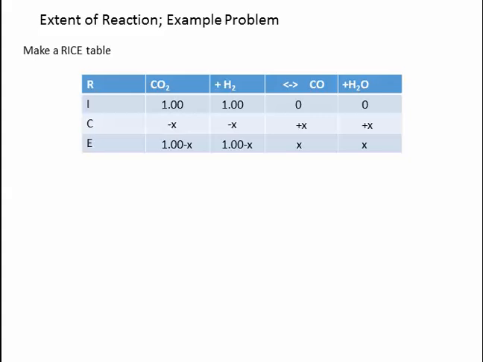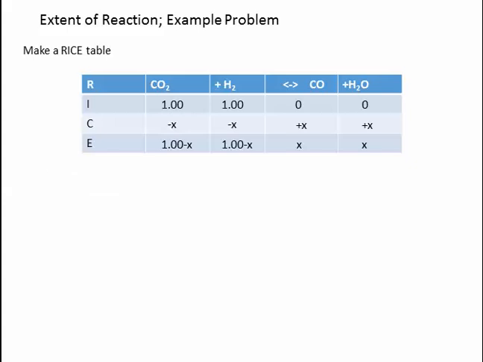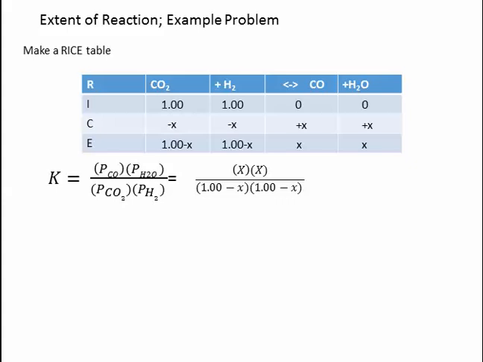And now we're going to use these values at equilibrium to figure out what X is. So here's our reaction. Here's our equilibrium constant expression for this reaction. And we plug in what we know for each of those pressures.